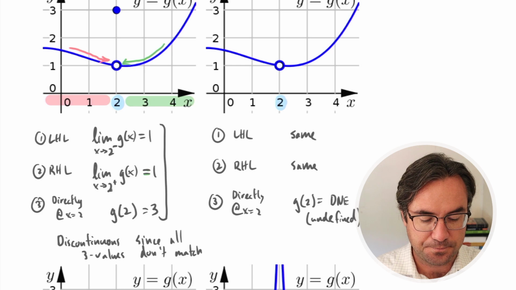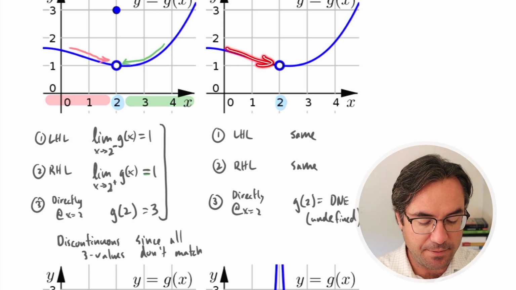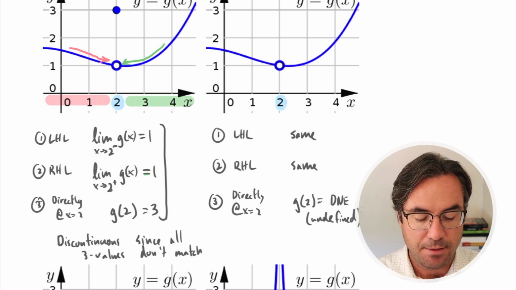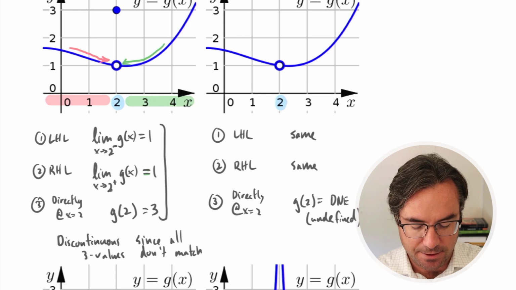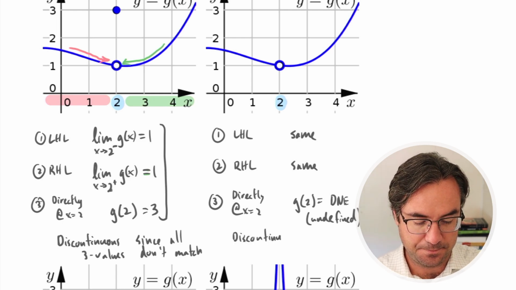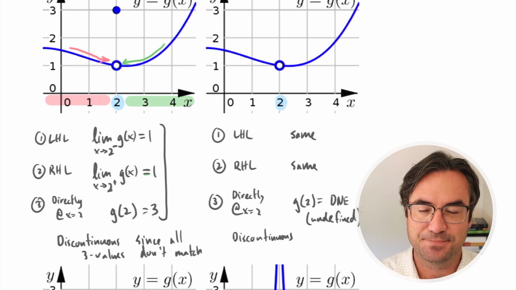So in this case, the left-hand limit and the right-hand limit still match up, but we've got an undefined point at x equals 2. So again, it's discontinuous, since all three values don't match.